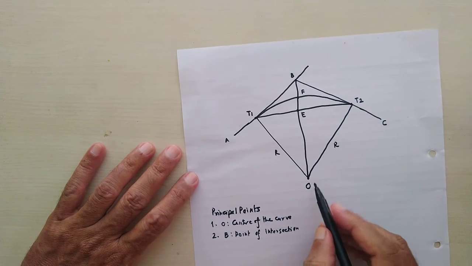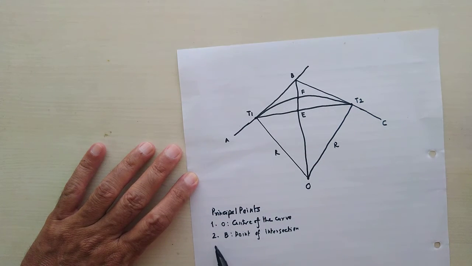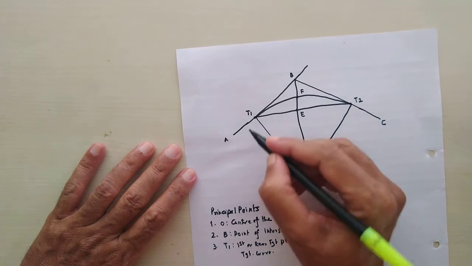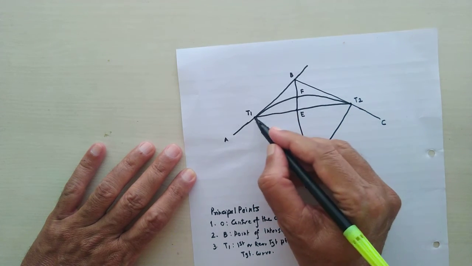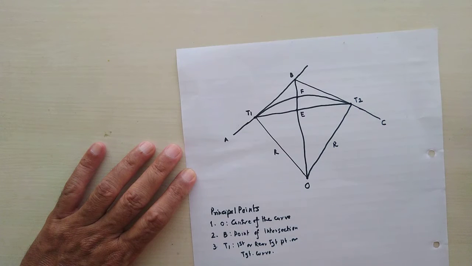Then the third principal point is T1, which is known as the first or rear tangent point, or it is also called the tangent curve, because at this point the straight line, the tangent, is getting converted into the curve. The fourth principal point is T2.